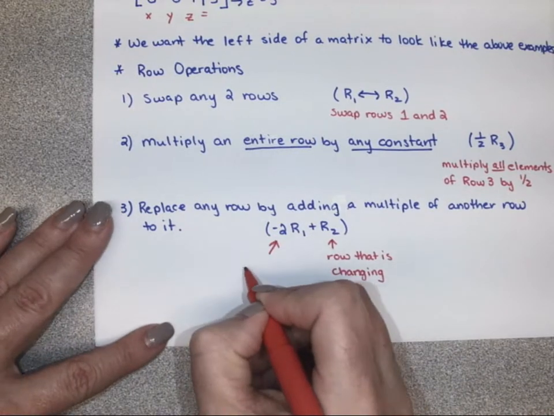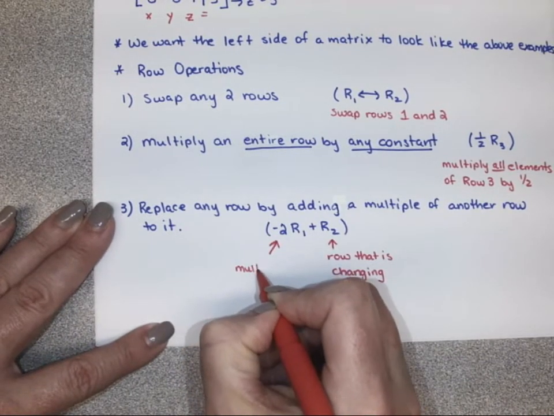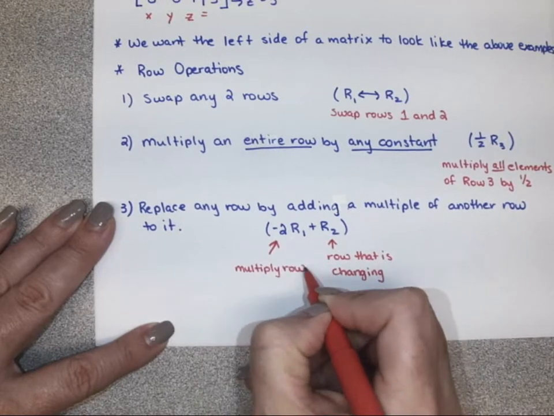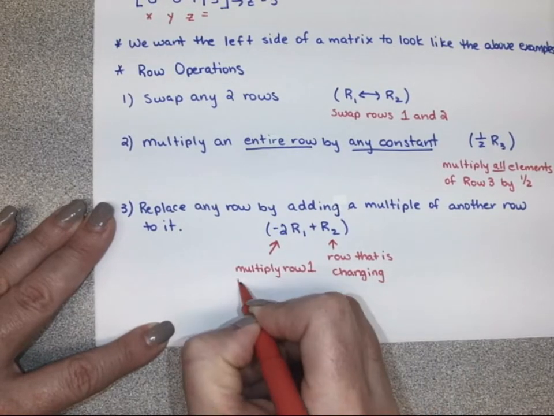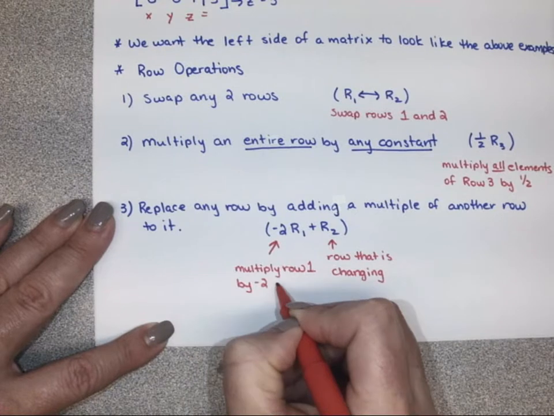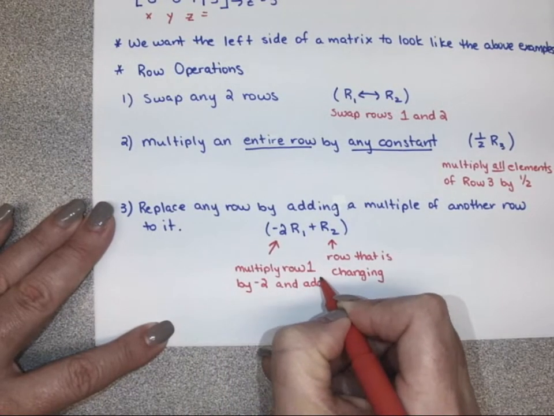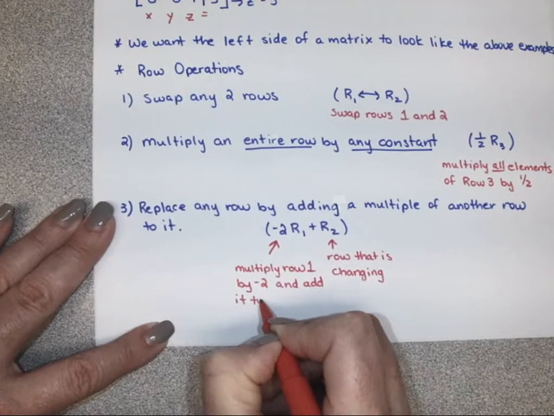So this means multiply row 1 by what? -2, okay? And add whatever you get there to row 2.